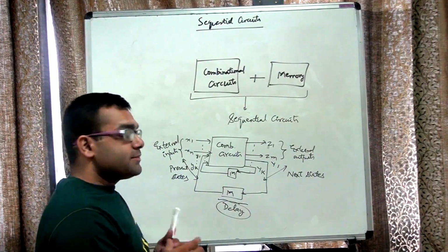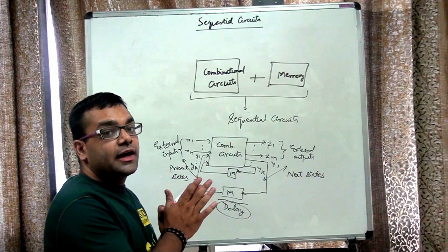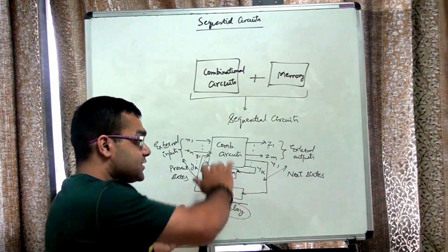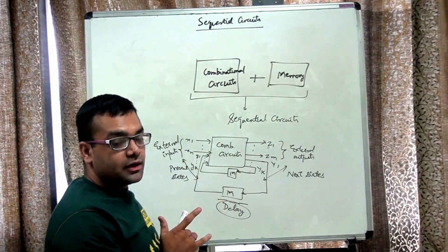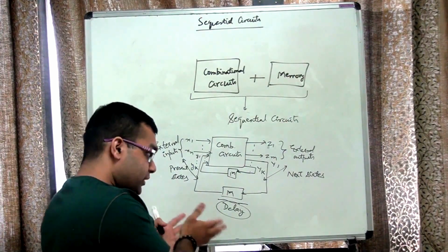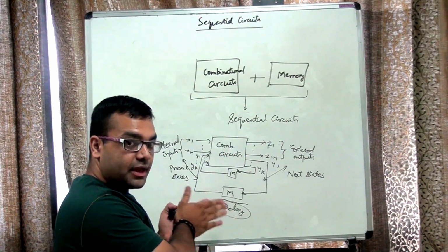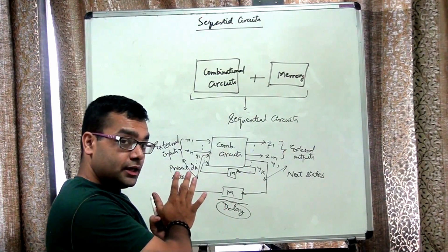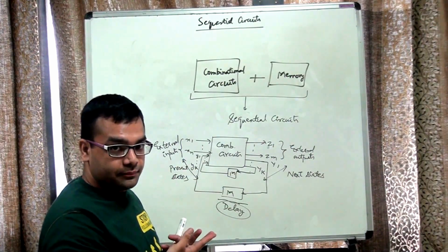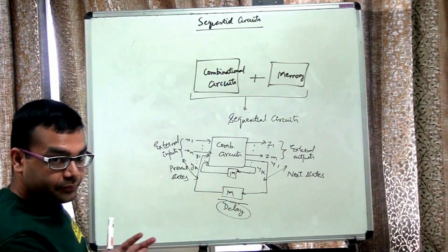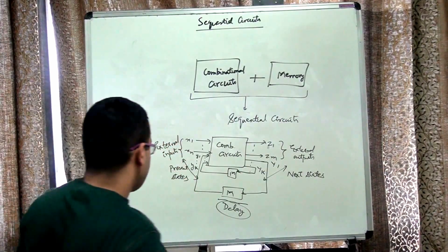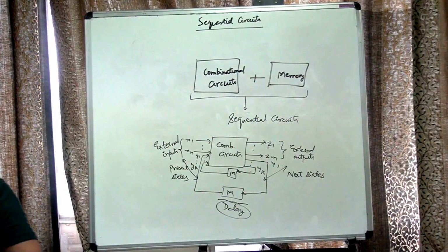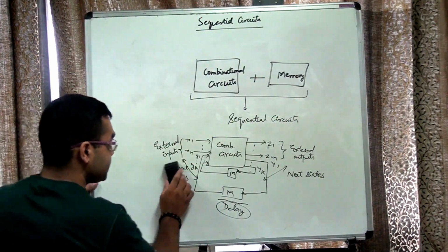A case may also be there where we never put any memory; we just simply connect these inputs and the outputs. So the memory introduced into these circuits by connection is purely due to the delay in the path. So let us try to understand how these things work. This is the basic idea about sequential circuits.